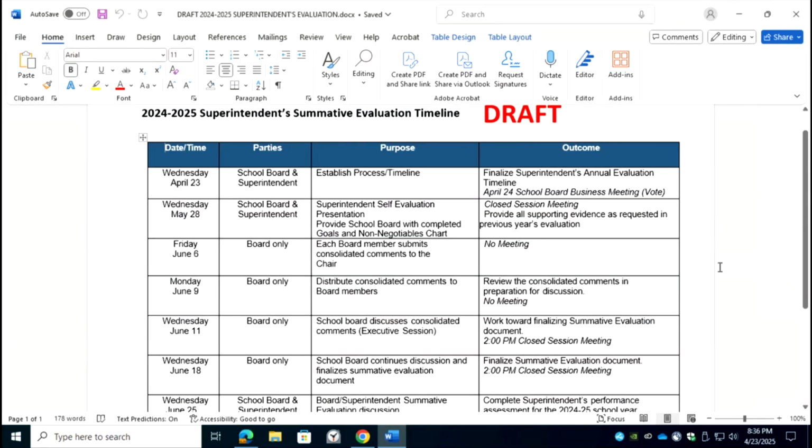Agenda item 6.03, review draft timeline for superintendent's evaluation. That should have been put on the dais for everyone. There is a mistake on here. We have a graduation on Wednesday, May 28th, so that date will have to be modified.